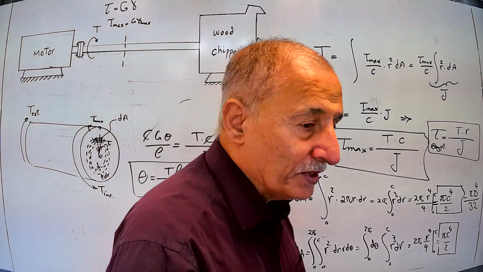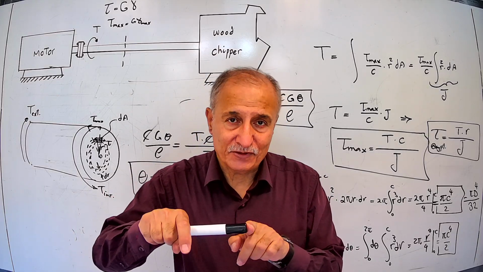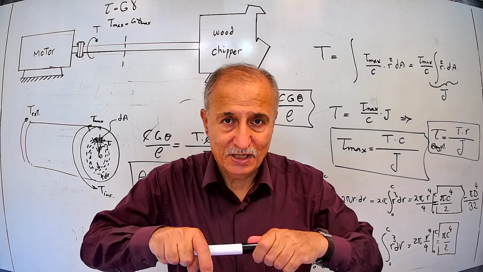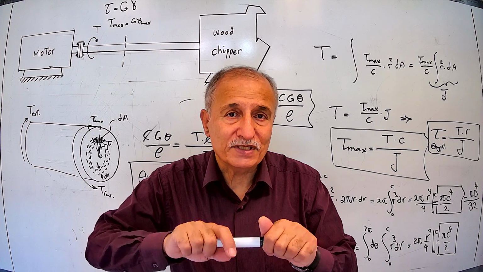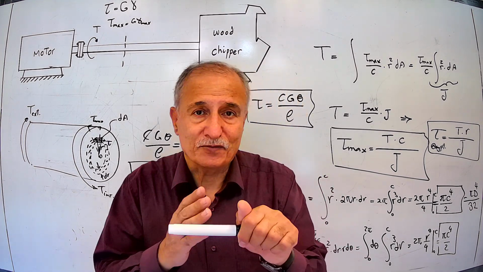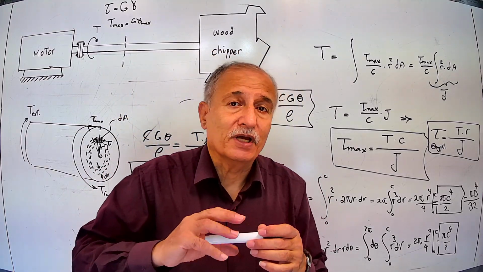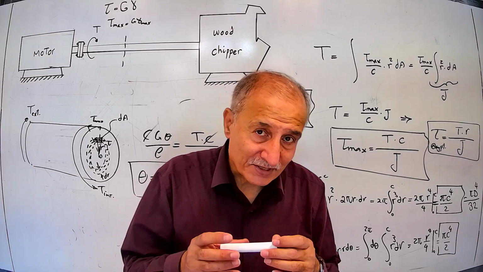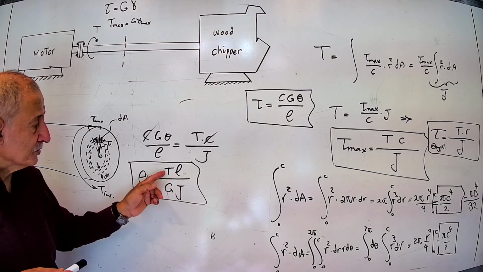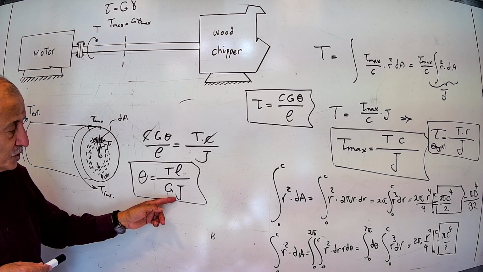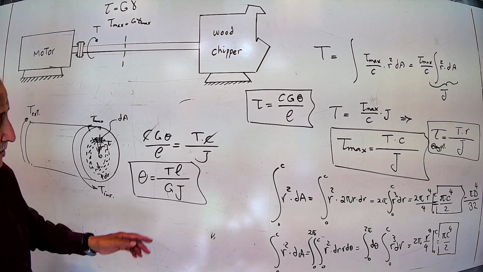If you exert a torque on a shaft, and the shaft transfers the torque to a machine, during this transmission the shaft is deformed and twisted. How much depends on the length of the shaft, the torque, the geometric properties of the cross section J, and the shear modulus of the material of the shaft.